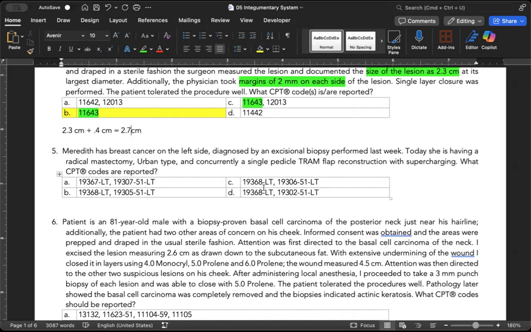So we have 3 that have 19368, and then everything else is different. So let's go look at the 19368. That's at least going to help us somewhat narrow it down.